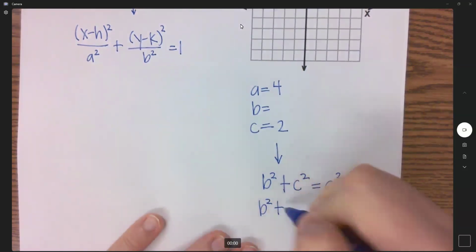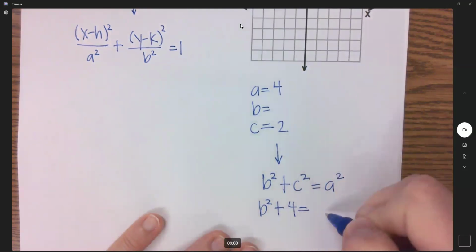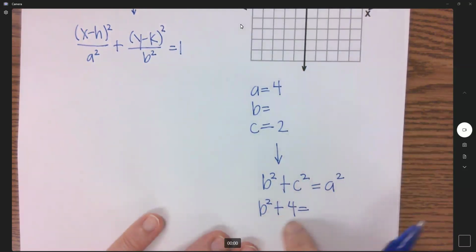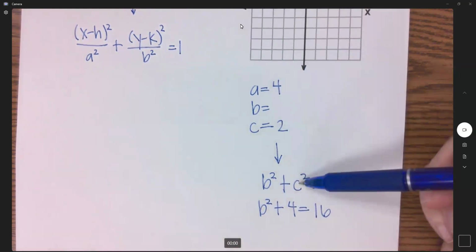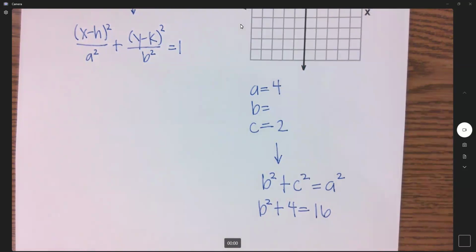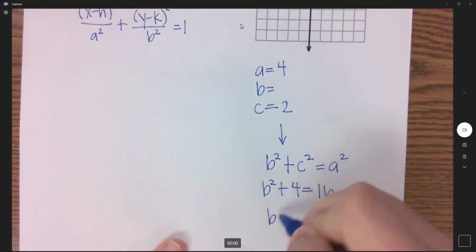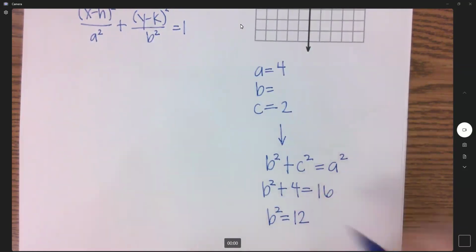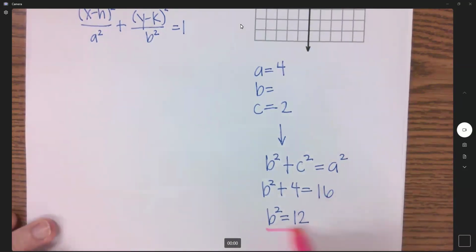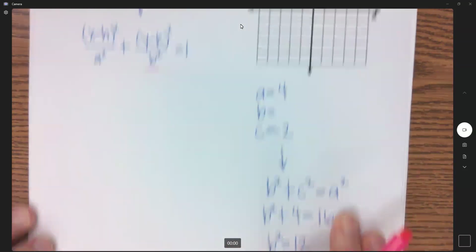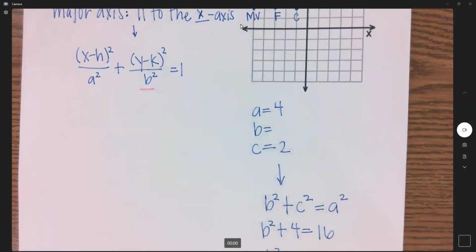So b squared plus 4 equals 16. So plug in 2, plug in 4, subtract your 4, we get b squared equals 12. So now I'm going to plug in b squared equals 12 into right here.